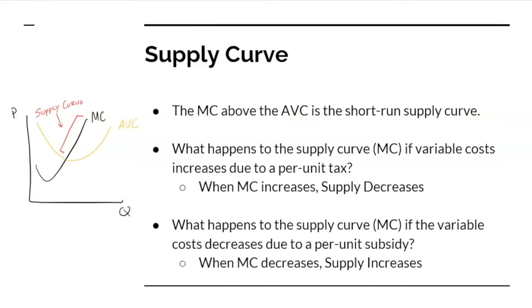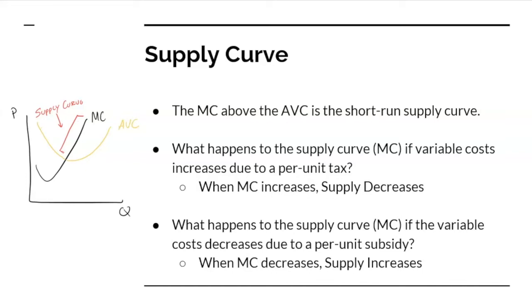That leads us to a separate concept altogether: our supply curve. Remember I told you earlier in the year, basically any single graph you look at in micro is essentially a supply and demand graph. The problem with our cost curves is that there isn't necessarily a supply curve labeled. Even though there isn't one labeled, there is still a supply curve out there.